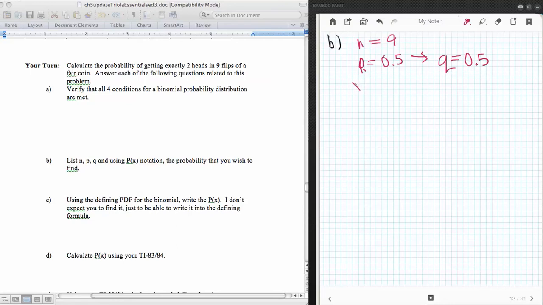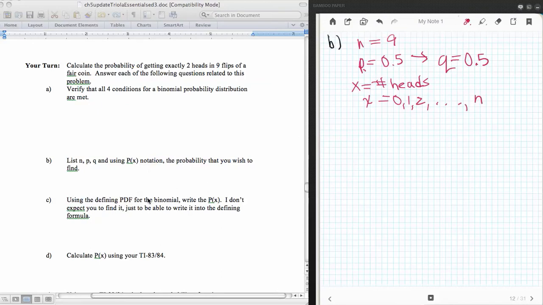And our x is the number of heads, with possible values 0 through 9, which is all of the possibilities.